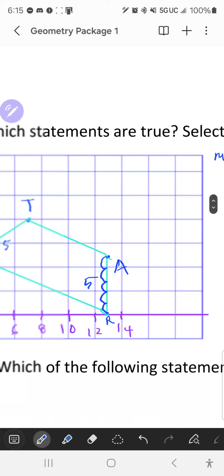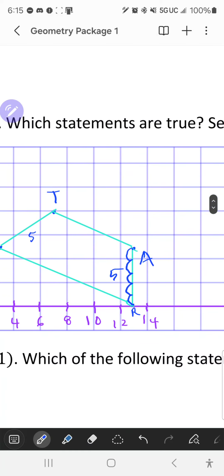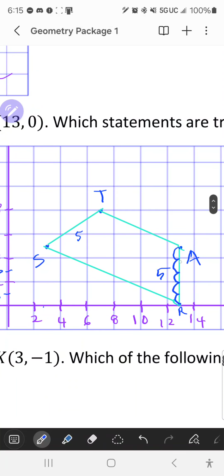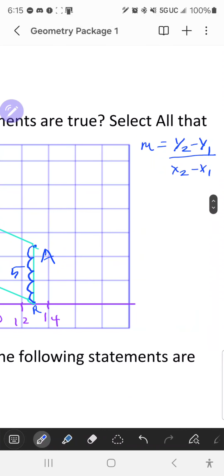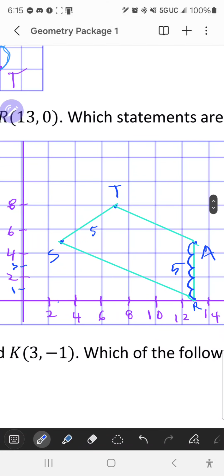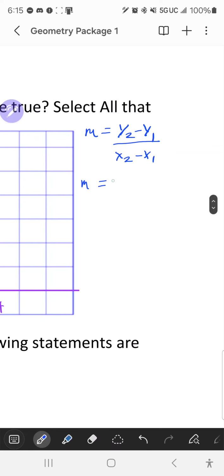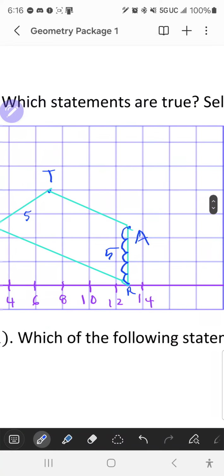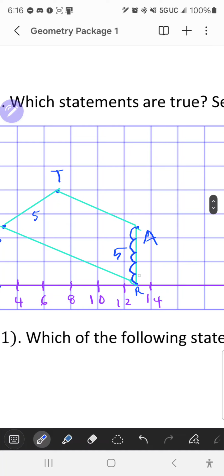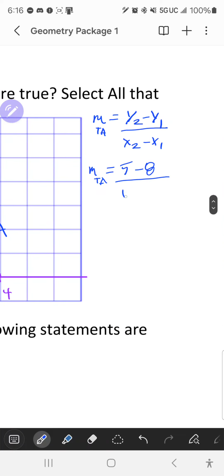For TA, m equals 5 minus 8 over 13 minus 7.